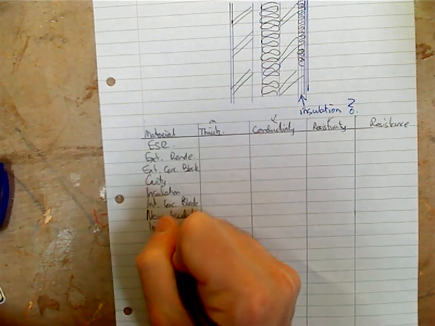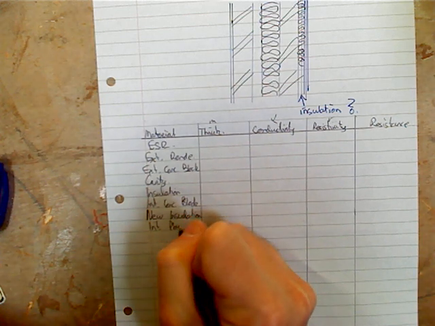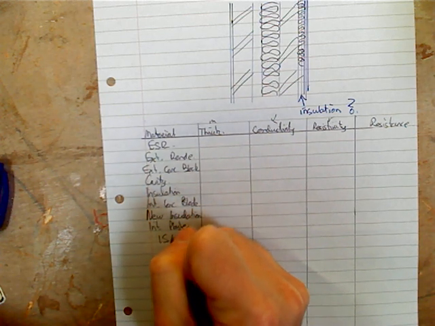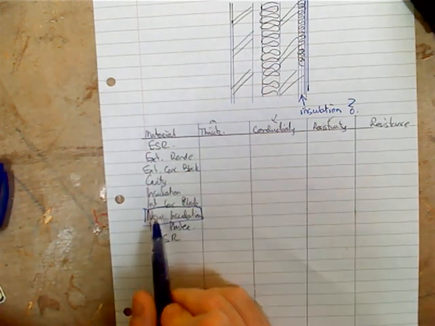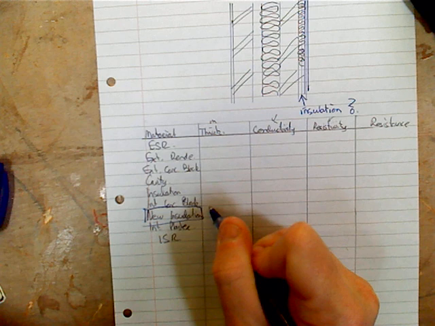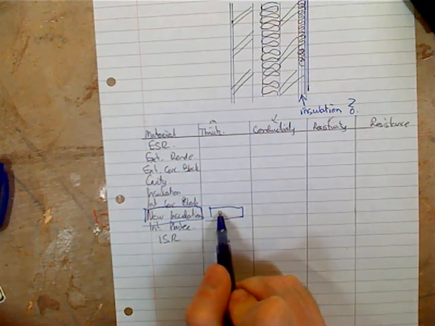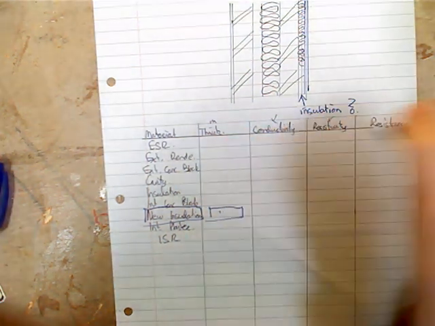Then we're going to have our internal plaster that's going to be the same. And then we're going to have ISR. So this here is our new product. And this here is the value we're looking for. We're looking for the thickness. So all the other values will be the same.